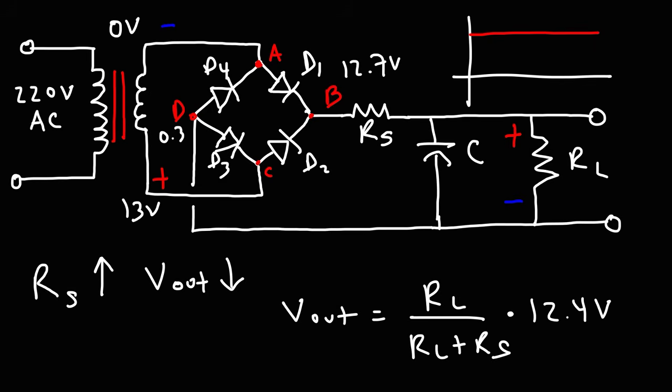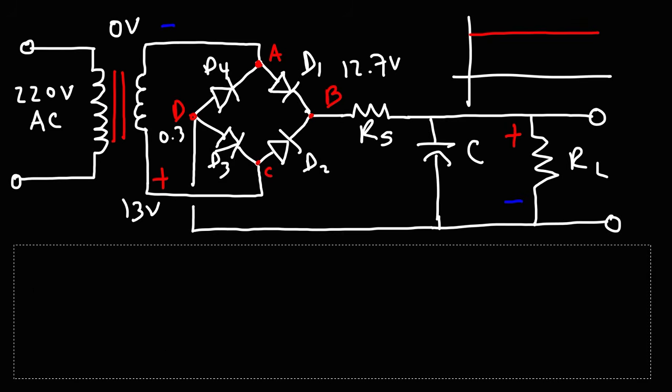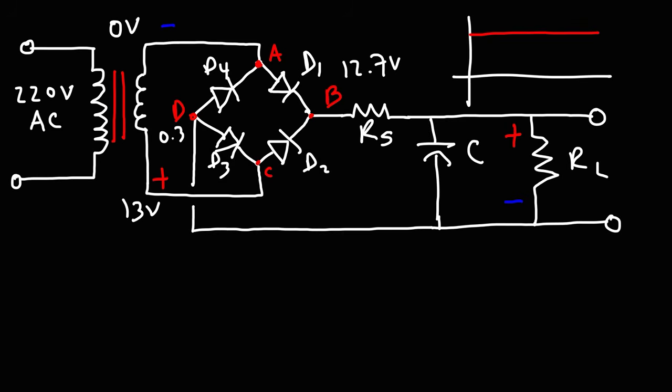So if you're going to use a series current limiting resistor, to keep the output voltage as high as possible, you want to make sure that RL is significantly larger than RS. So let me give you an example of some numbers. Let's say that RS is 10 ohms. It's relatively small. And RL is a kilo ohm or 1,000 ohms.